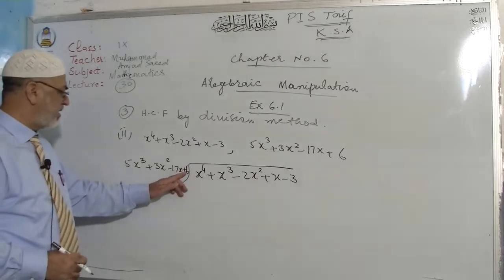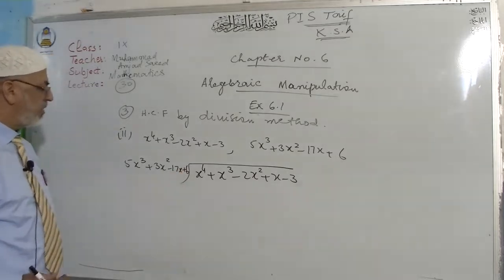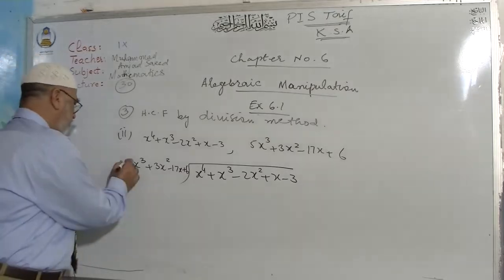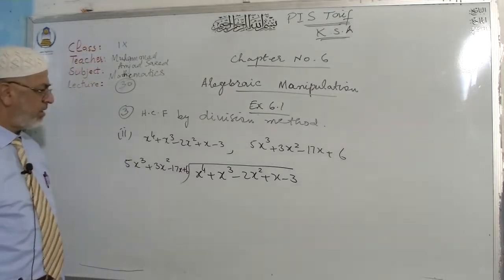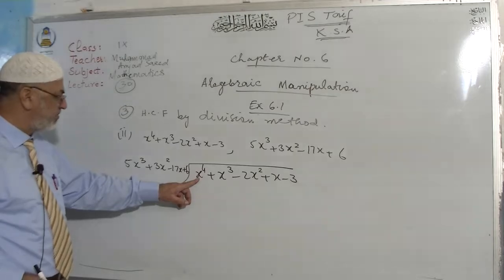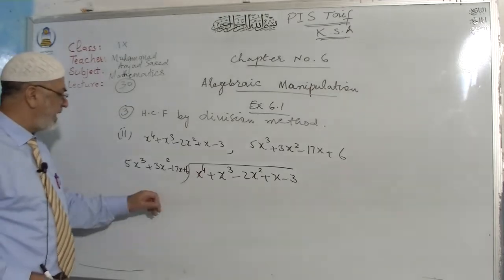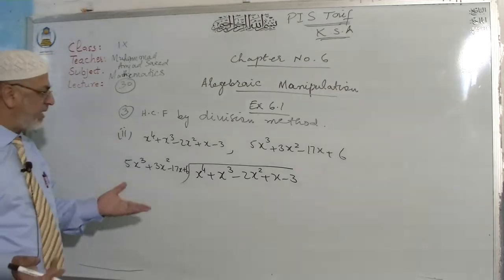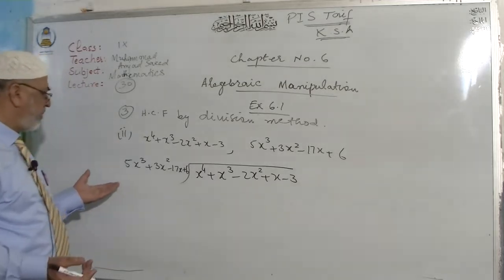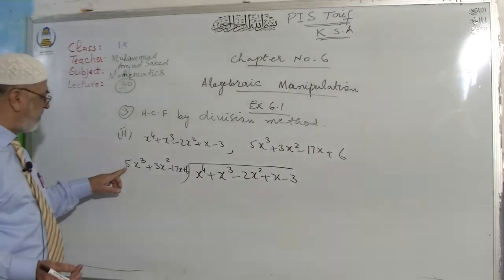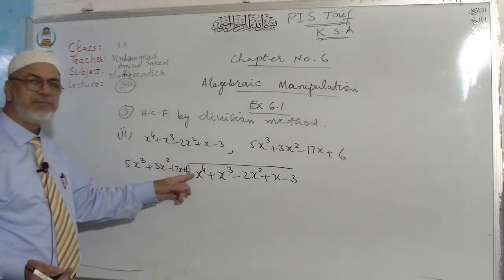Dear students, you can check. You have to make x^4 with the help of 5x^3. You cannot make this x^4 by this number because there is a 5 and here is 1.